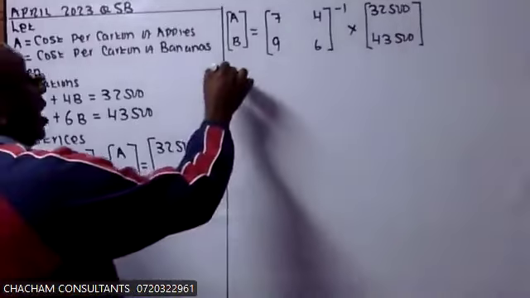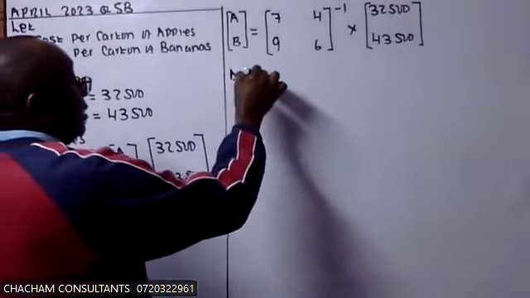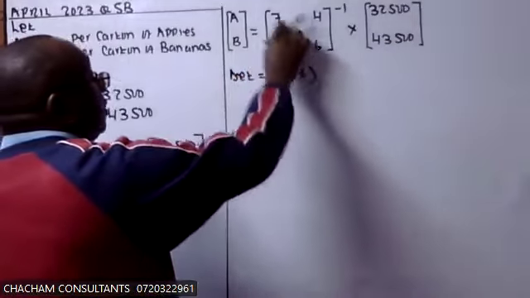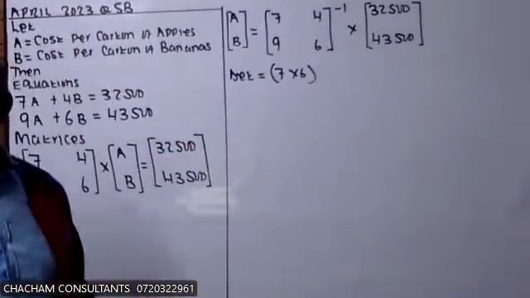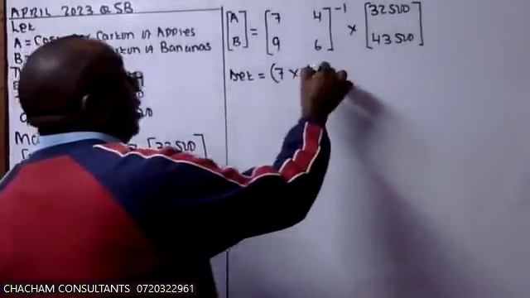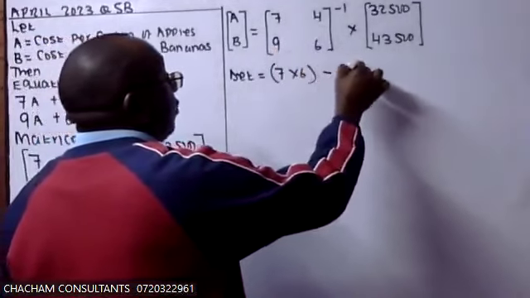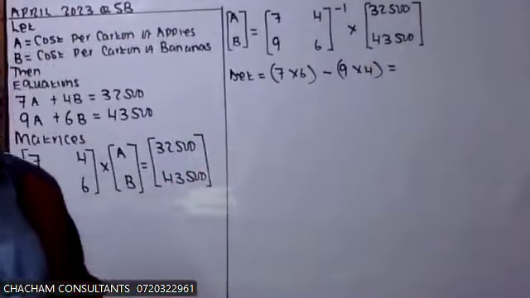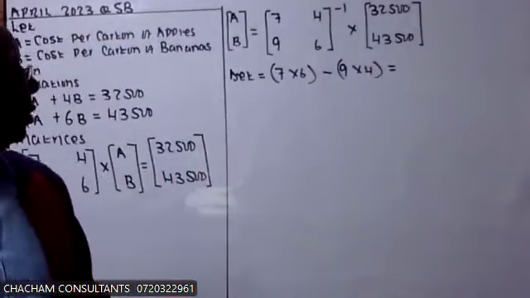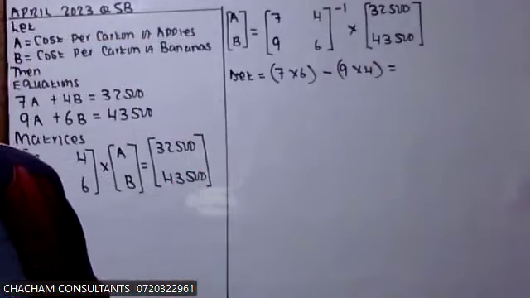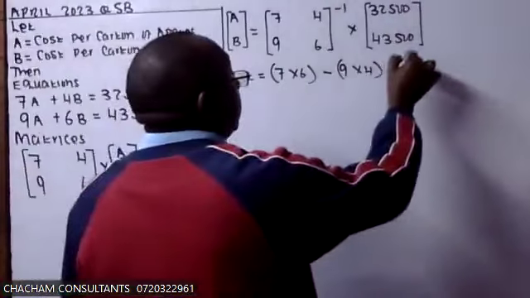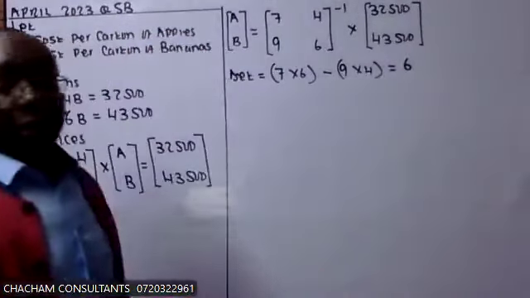So tukasema ukifika hapo, you now look for the determinant. It will be 7 times 6. That's the major diagonal. Minus 9 times 4, the minor diagonal. So you take your calc, same 7 times 6 minus 9 times 4. That is 6.